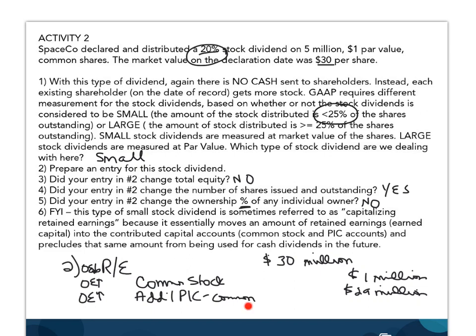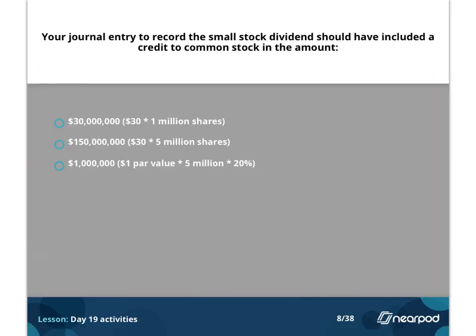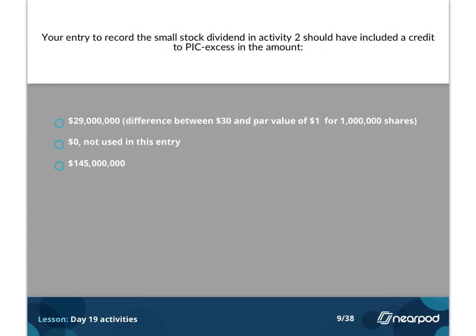So basically, with $30 million, you've just reduced the amount of dividends you could pay out in the future by this $30 million. That's why it's called capitalizing. All right, so that is the small dividend. Next, a couple of quiz questions just verify the entry we just did.